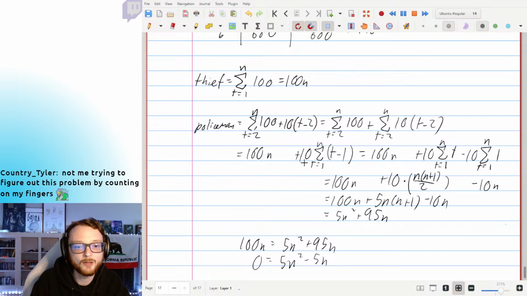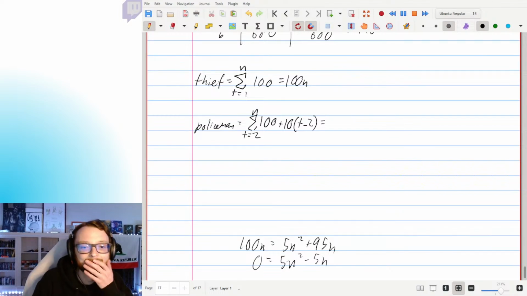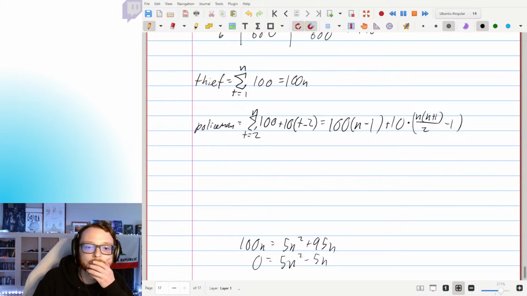Okay, this work is too much of a pain to update every time. Let's just compress these steps. 100n minus 1 from this term, plus 10 times, no, n plus 1 over 2 minus 1, minus 20 times n minus 1?